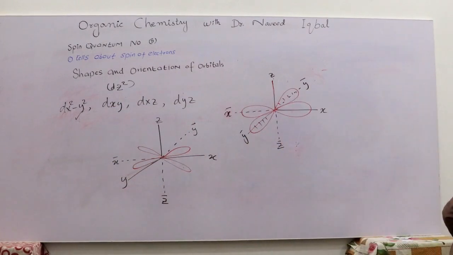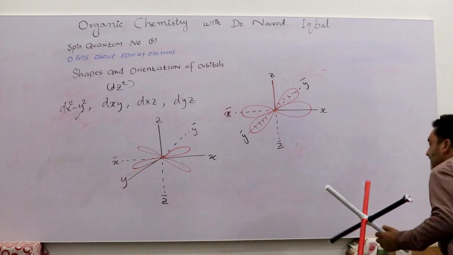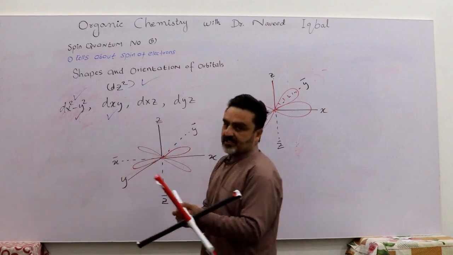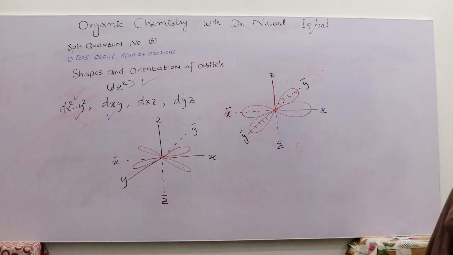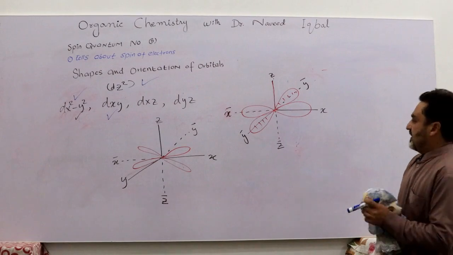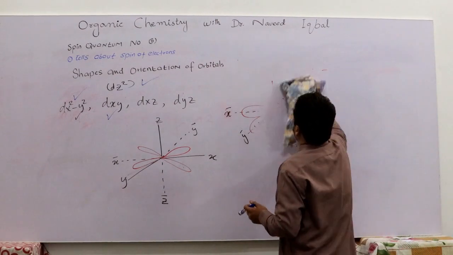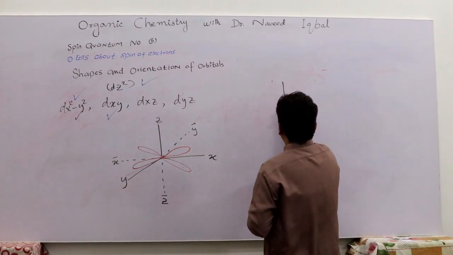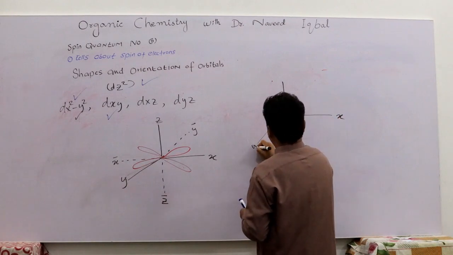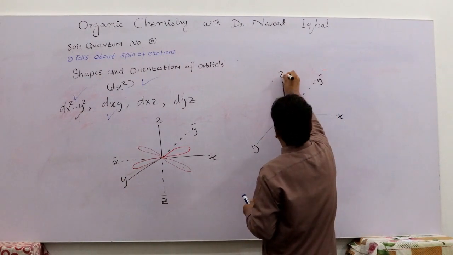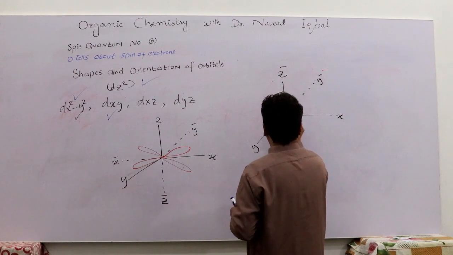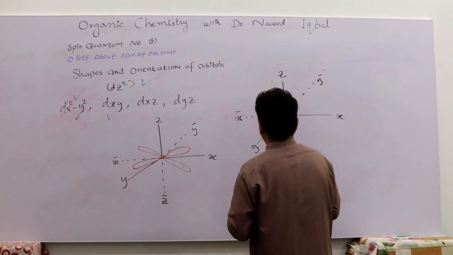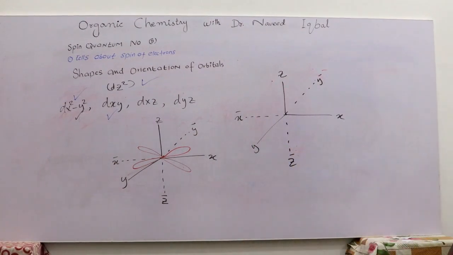Now this orbital is done. Coming to xz and yz, first the dxz orbital.